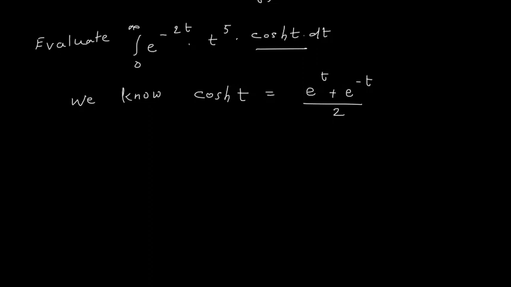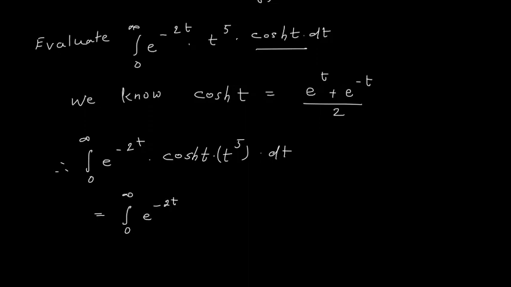So therefore our integration 0 to infinity e power minus 2t into cos hyperbolic t into t power 5. Let us write this t power 5 separate into dt. This will become 0 to infinity e power minus 2t into, in place of cos hyperbolic, I will write e power t plus e power minus t whole divided by 2, into t power 5 dt.